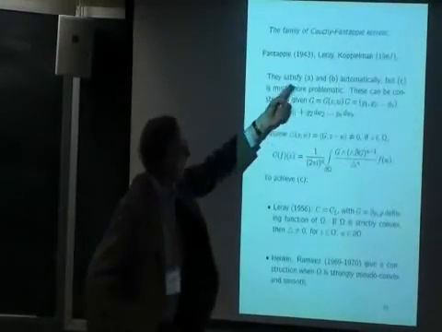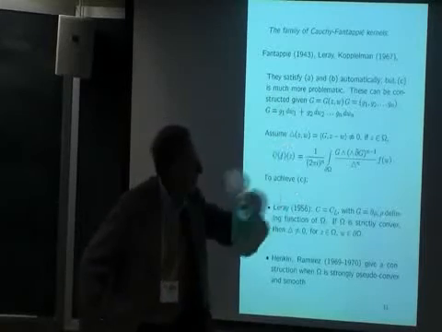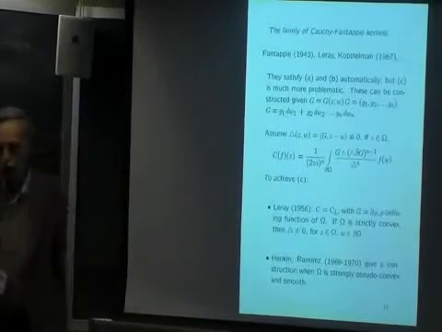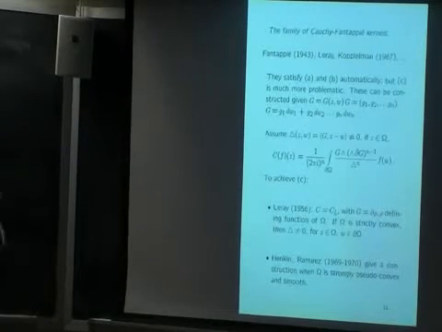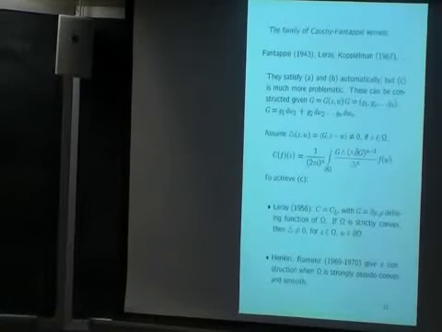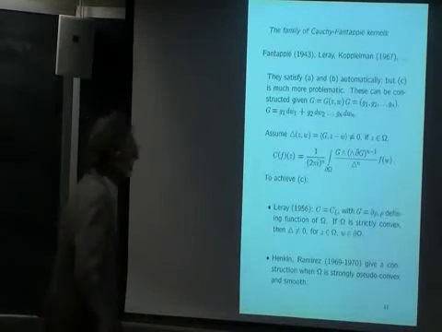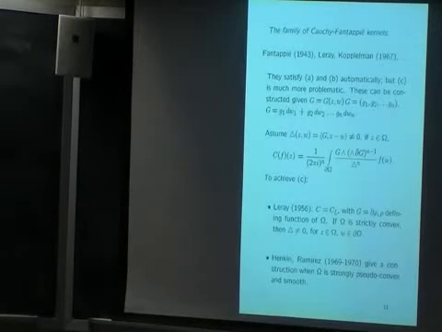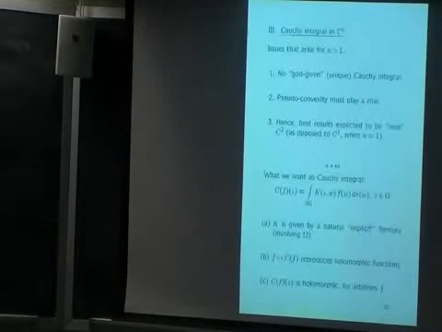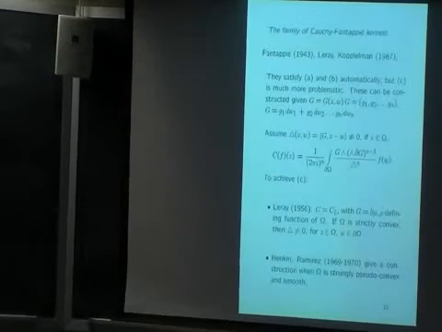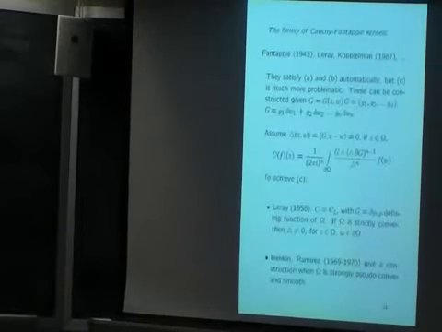Fantappiè, Leray, Koppelman, and many others have worked out this very beautiful, very unexpected formalism, which reduces down to the ordinary Cauchy integral. And this formalism will automatically give us A and B, but not C. A and B are those two, they will not necessarily give us C. That's much more problematic, as I said.